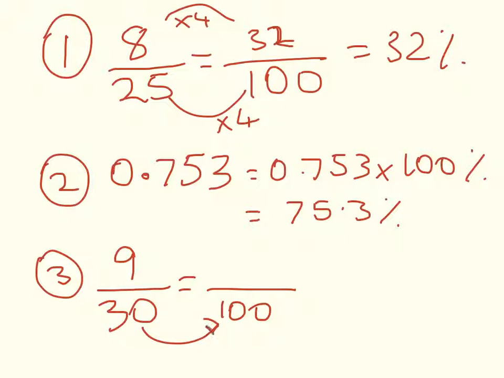Now, the third one, if I try to do this like this, now some of you will be fine with this, 30 times what equals 100, so we're going to have to go 100 over 30. And that's 10/3. So we can times 9 by that now, if you're following that. But there's another way that we can do that on the calculator, so I'm going to show you that on the next slide.